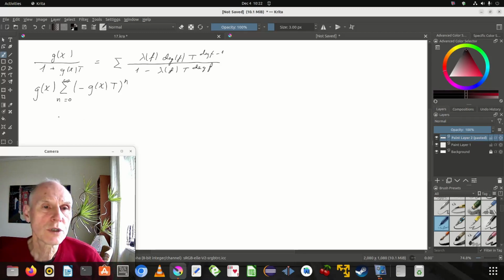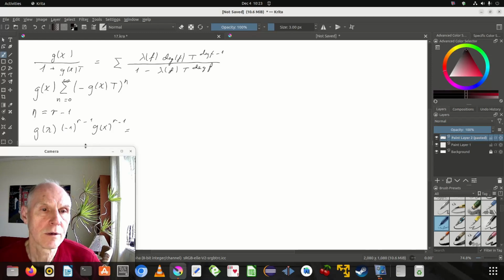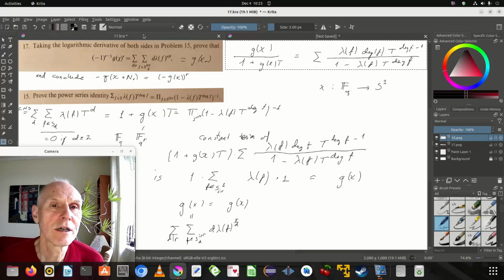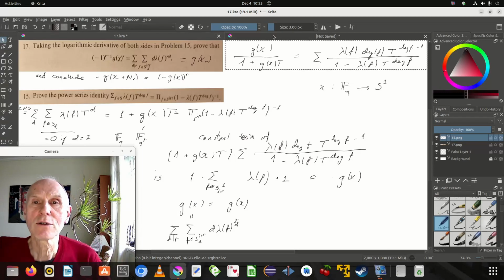And if we now choose n equal to r minus 1, that gives exactly what it says in the problem here, minus 1 to r minus 1 times G of chi to the rth.